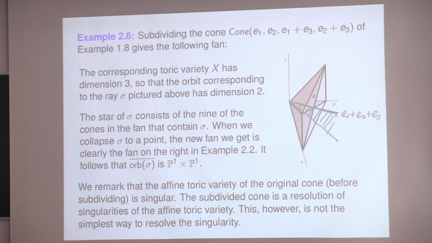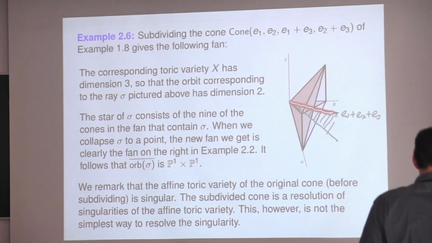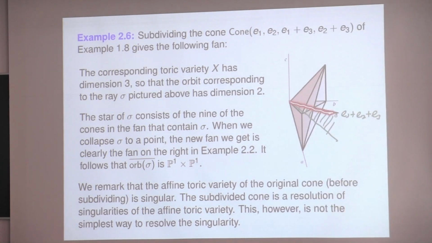There are 4 3-dimensional ones that contain the red one. The 2-dimensional ones are also 4 of them: 1, 2, 3, and a 4th over here. And for 1-dimensional ones, sigma is already 1-dimensional, so the only 1-dimensional cone containing it is itself. So 4 plus 4 plus 1 is 9. You have those 9 cones over there.